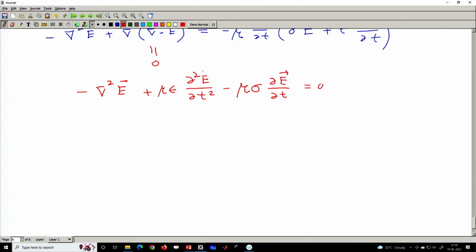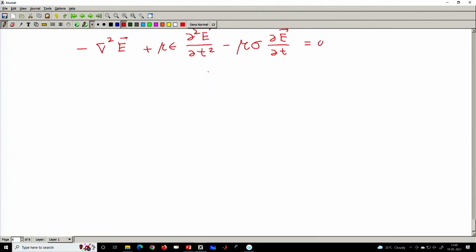So, we have a first order derivative term of E with respect to time. Up to here we can identify this as a wave equation, but this additional part is putting some kind of damping. So, this is a damping part.